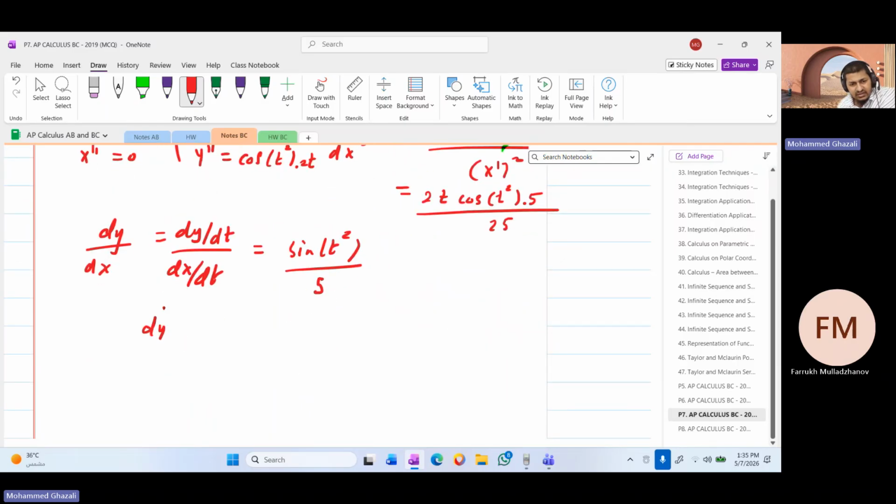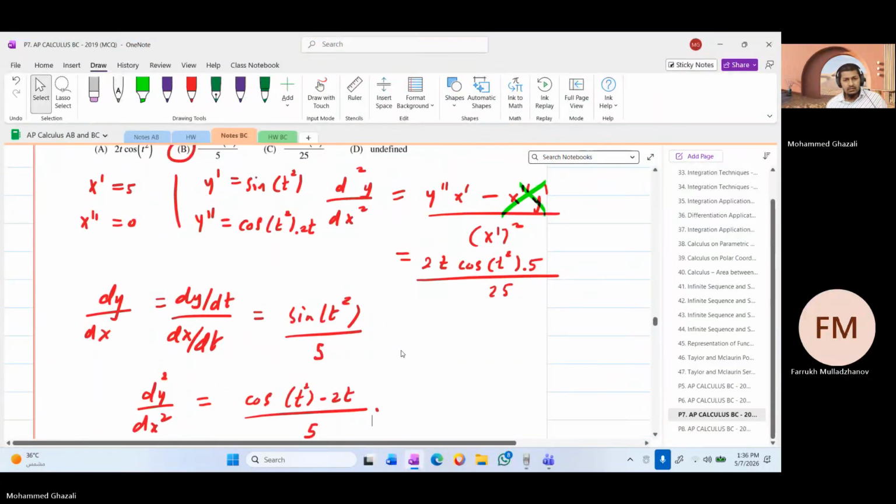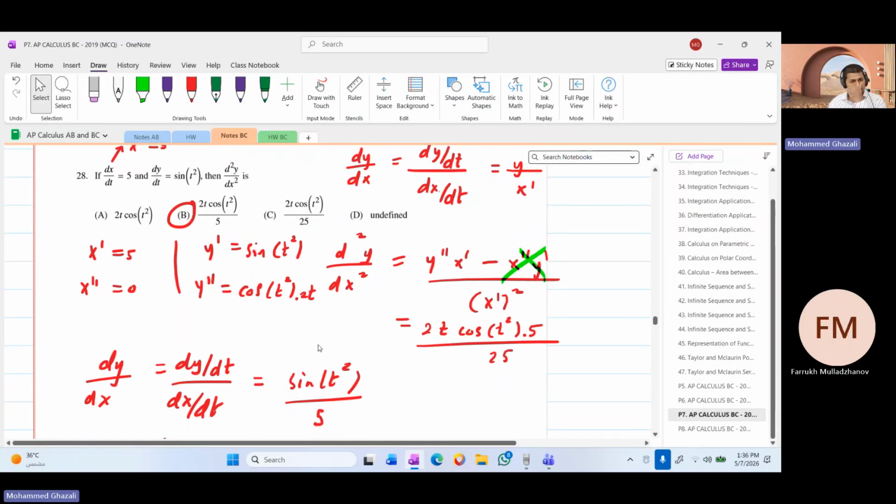So d squared y over dx squared is the derivative of this: cos t squared times 2t over 5. Getting the same answer. So the answer is B again.